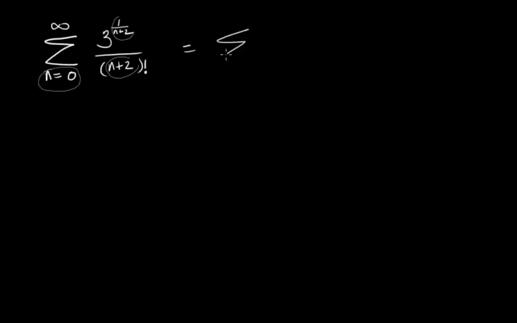So this is exactly the same sum as the sum from n equals 2 to infinity of 3 to the 1 over n factorial. And you might prefer that way of writing it. Notice when n is 0, we have 3 to the 1/2 over 2 factorial. Here, when n is 2, we have 3 to the 1/2 over 2 factorial. So it's exactly the same sum.